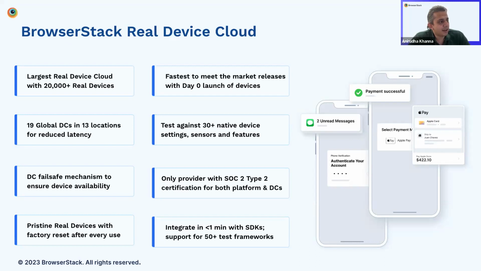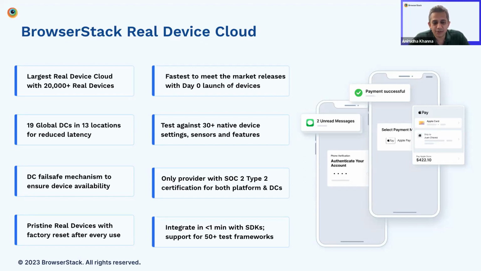Whenever you are doing testing on the cloud, it is extremely critical for you to reduce your latencies, because the cloud is pretty much everywhere, right? So if you are sitting in India and you get a device that is allocated in the US, or if you're sitting in the US and you get a device that is allocated in Asia, your latency is going to be very, very high, right?